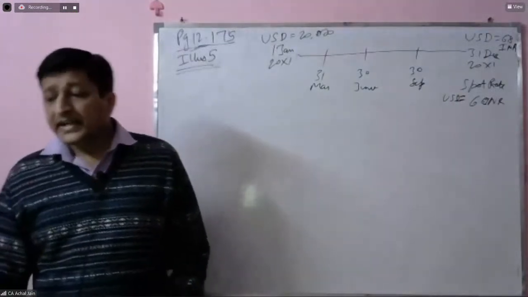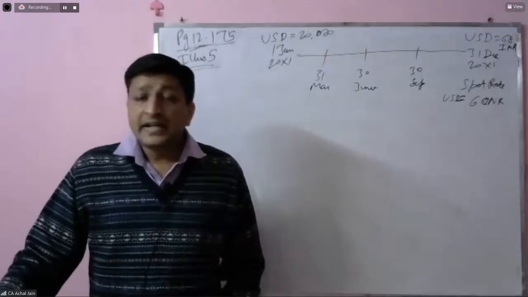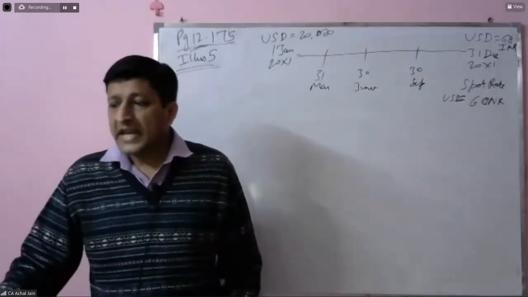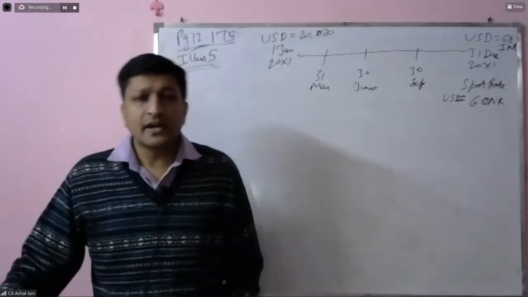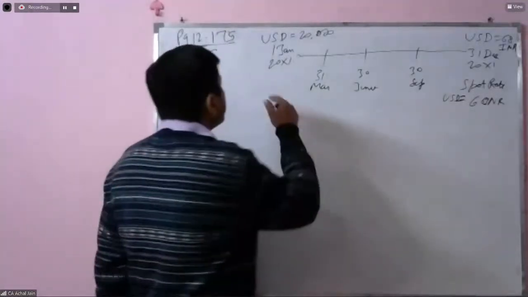Now, as per Ind AS 109, what do we say? Derivatives are measured at fair value upon recognition and are subsequently also measured at fair value, and the changes in fair value will keep going to P&L.